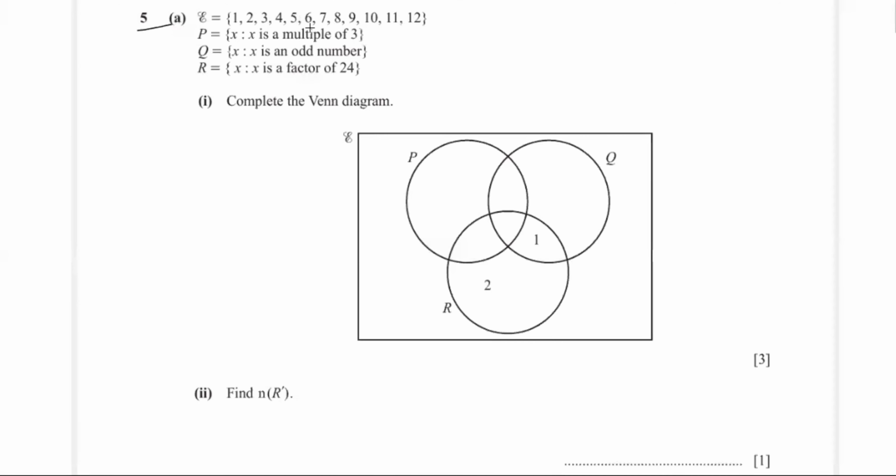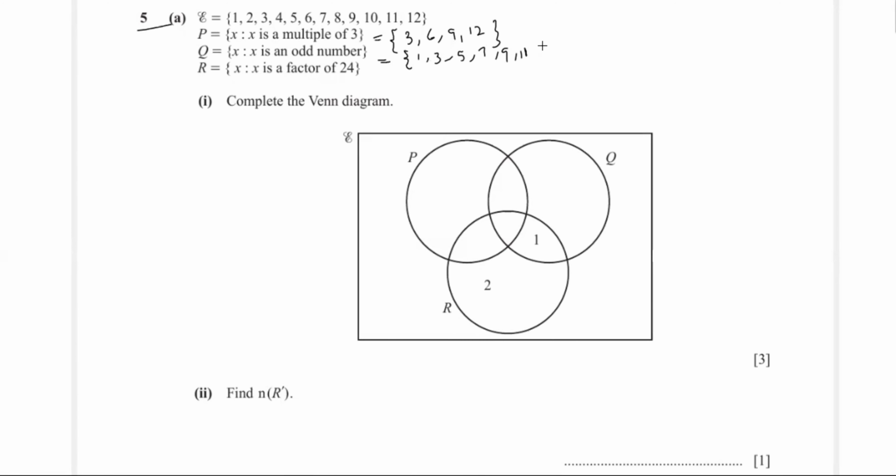Question number 5, part A. Universal set is 1, 2, 3 to 12, and P is equal to X is a multiple of 3, and Q is an odd number, and R is X is a factor of 24. Now we write the multiples of 3 as 3, 6, 9, 12. These are the multiples of 3. Next is Q. The elements of Q will be 1, 3, 5, 7, 9, 11.